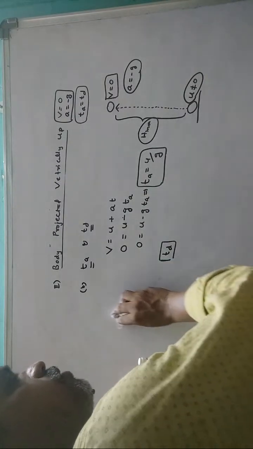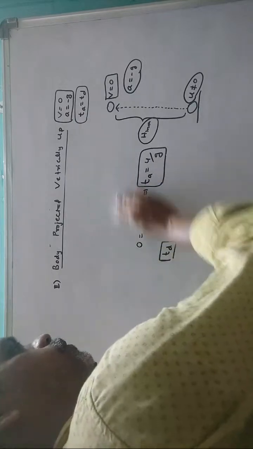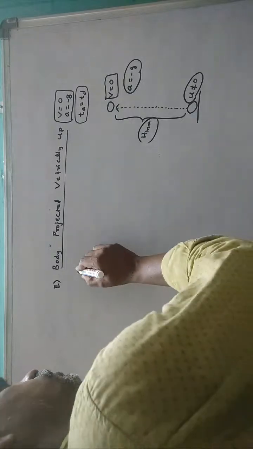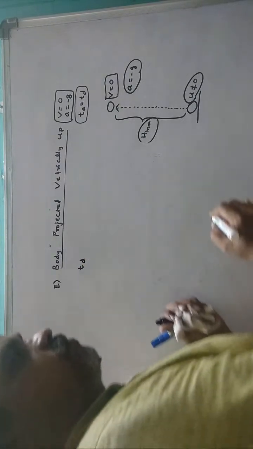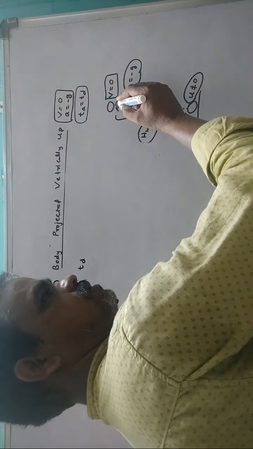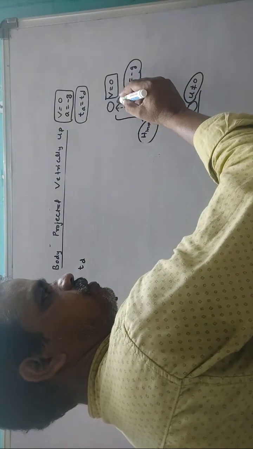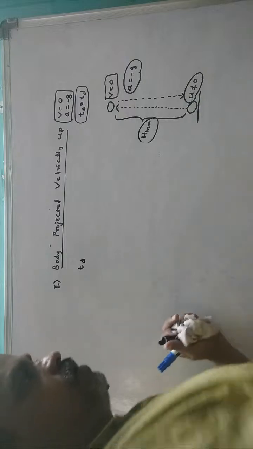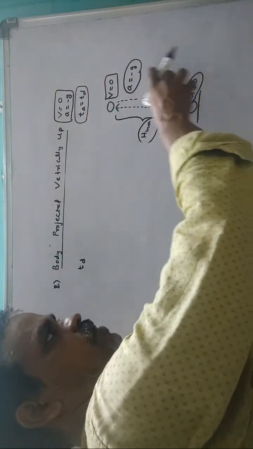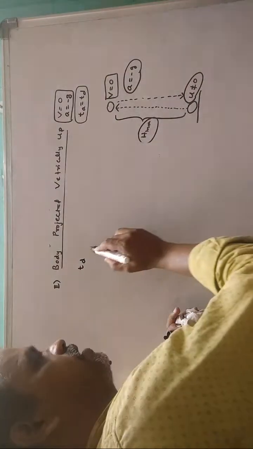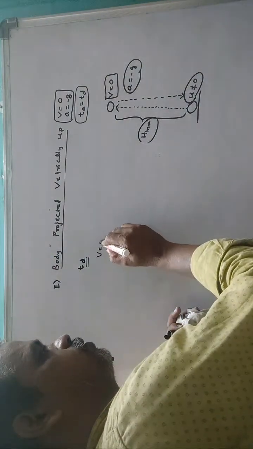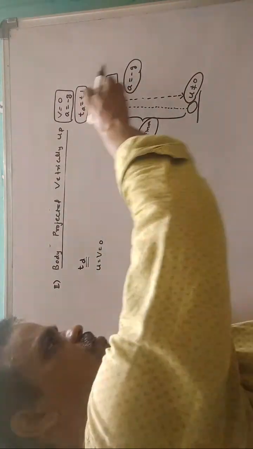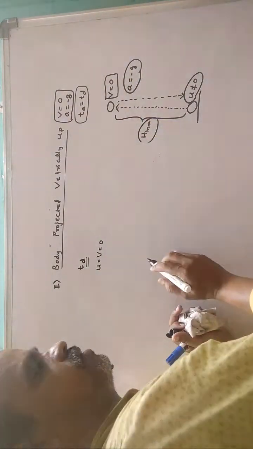So I am calculating now the time of descent. For time of descent, the body is at maximum height where v equals 0, then comes down to the ground. When the body is coming down from maximum height, its initial velocity u equals 0.